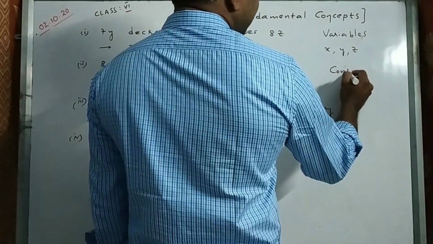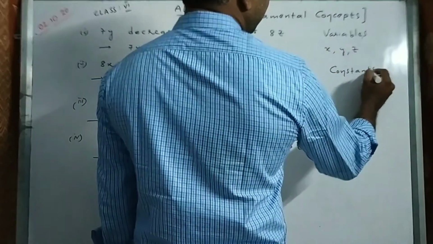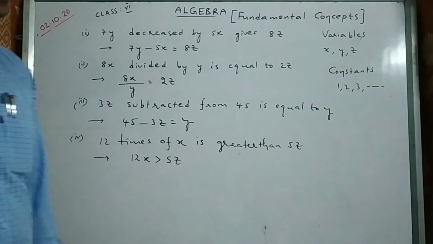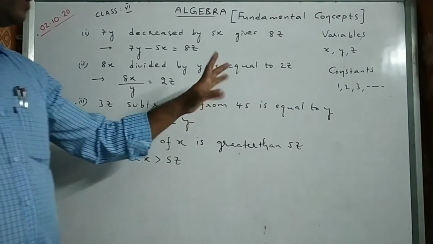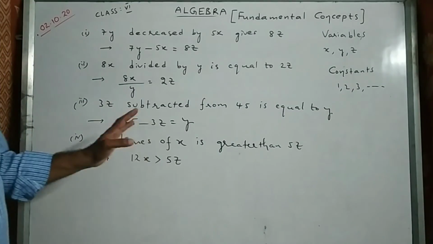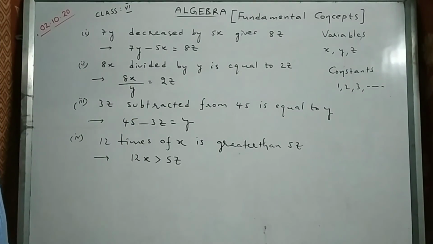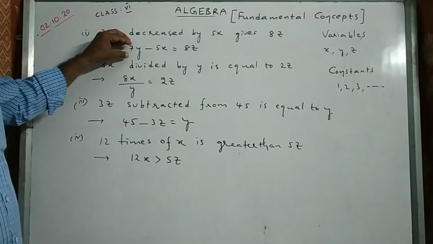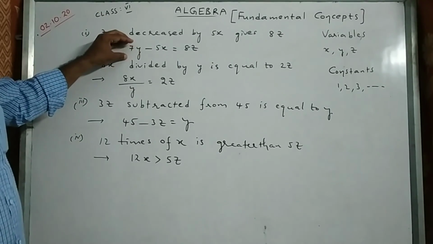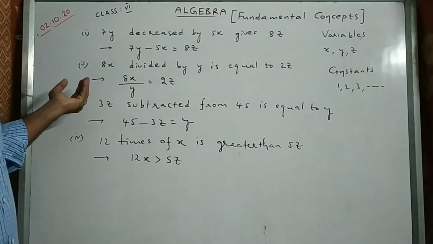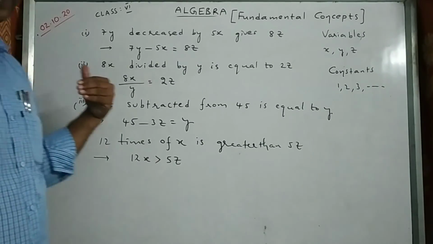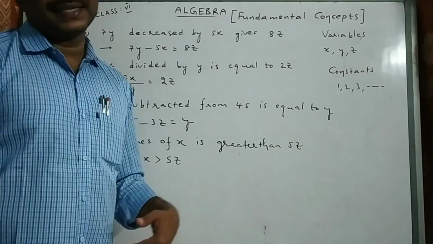Constants means numbers 1, 2, 3. These are all constants. Variables or literals, constants, those are the terms we will use in algebra. So when the statement is given, we express it in algebraic form. When algebraic form is given, how to express it in statement form? That will be taught in the next class. Thank you.